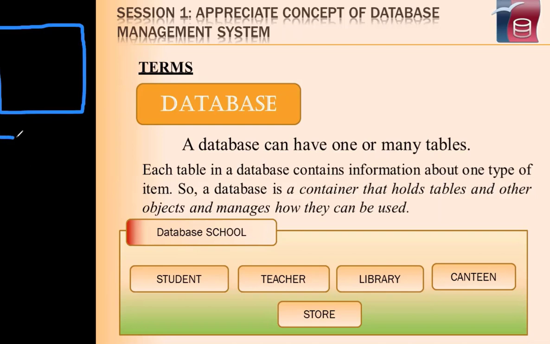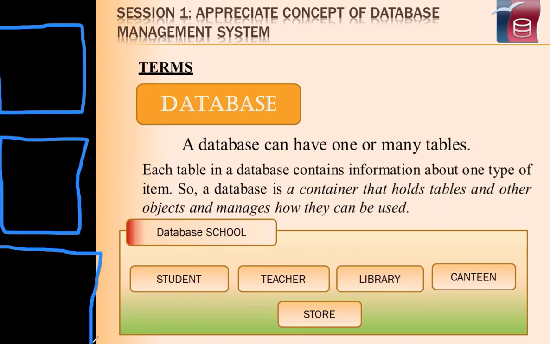If you give the name as Tata, this area is reserved for Tata. And if you give the name of the database as, say, the Saga School, this area is reserved for the Saga School. Within these databases, you can have a number of tables.